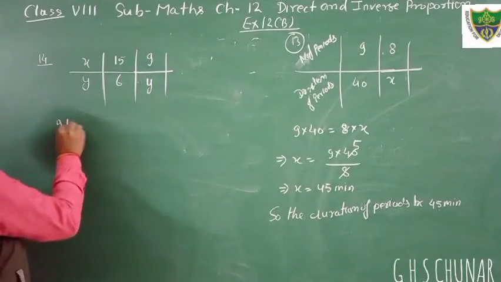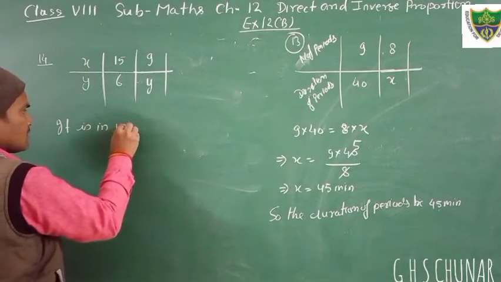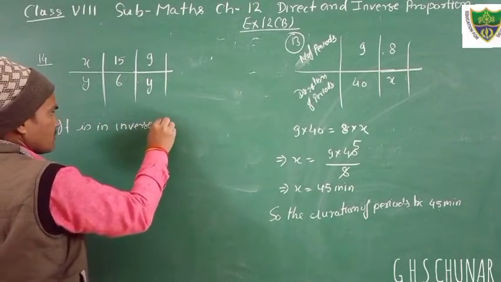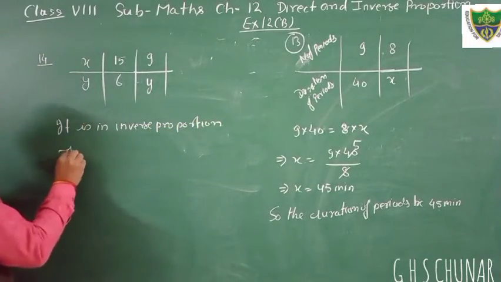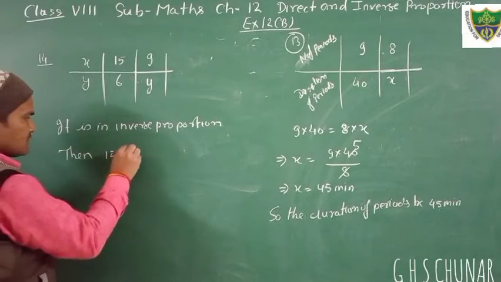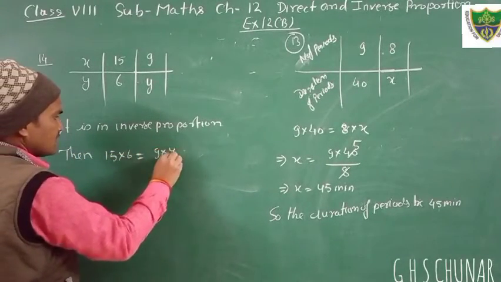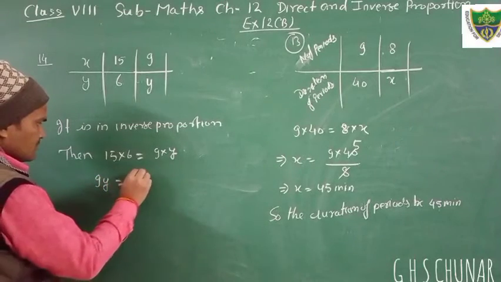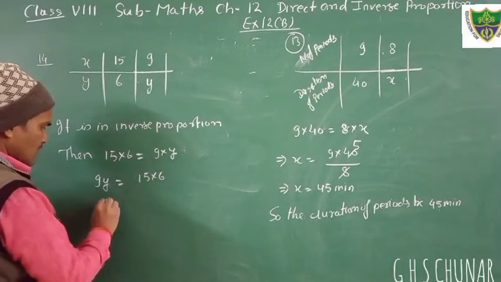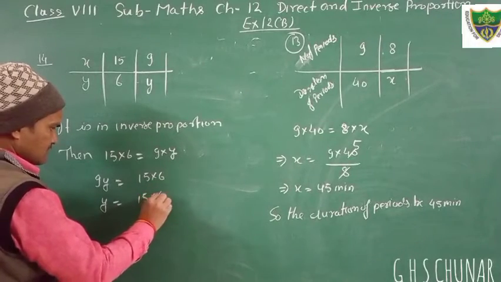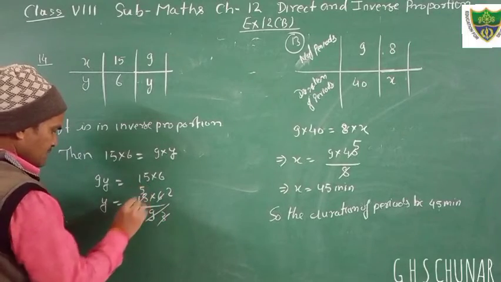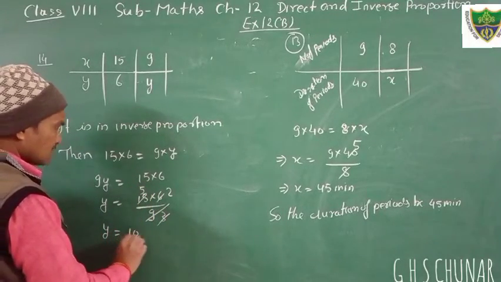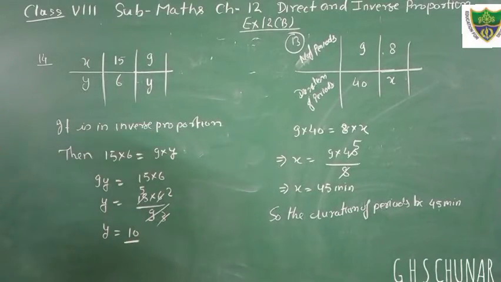It is in inverse variation, then 15 into 6 is equal to 9 into y. So y is equal to 15 into 6 upon 9. Three sixes are 18, three nines are 27, so y is equal to 10. One will decrease, then the other will increase.